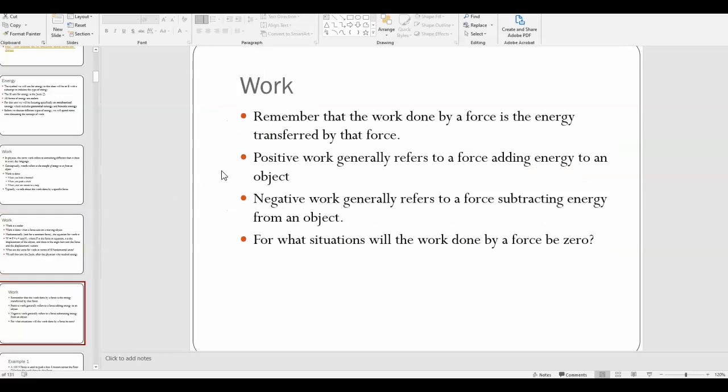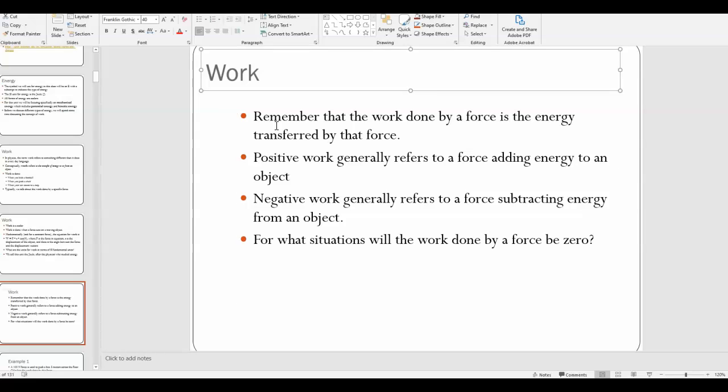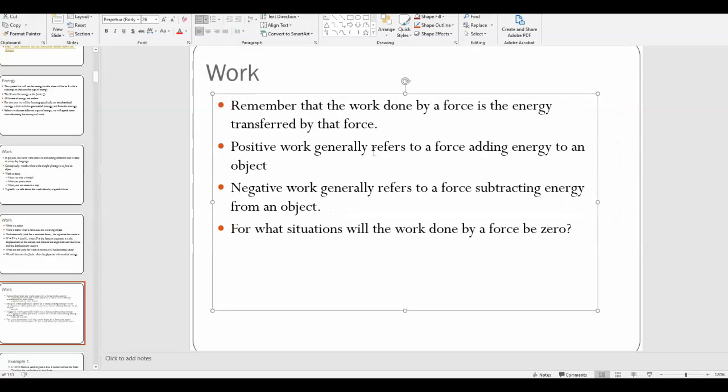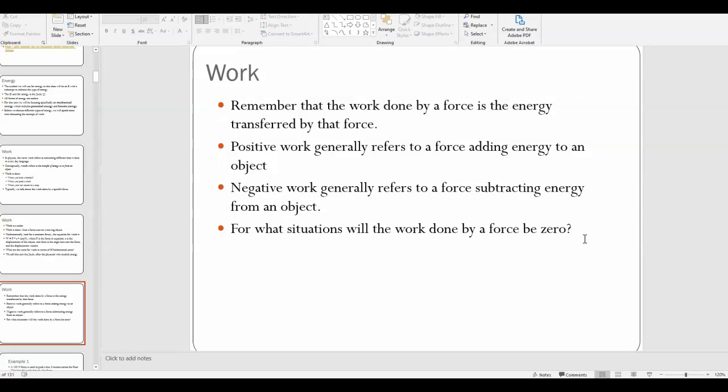So remember that work is done by a force when that force transfers energy to or from an object. Now even though work is not a vector, it doesn't have direction, that doesn't necessarily mean that it cannot be positive or negative. So work can be positive or negative. It's just that the positive or negative sign does not indicate direction, but it indicates something else.